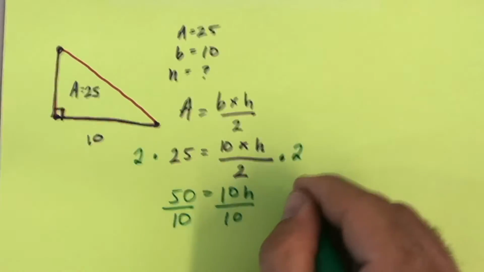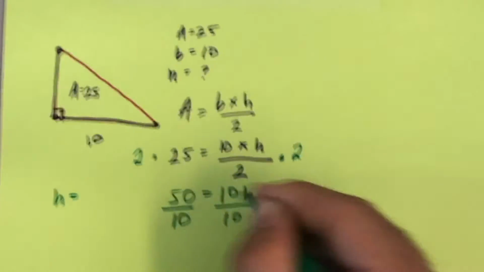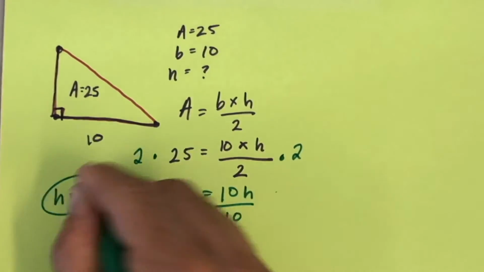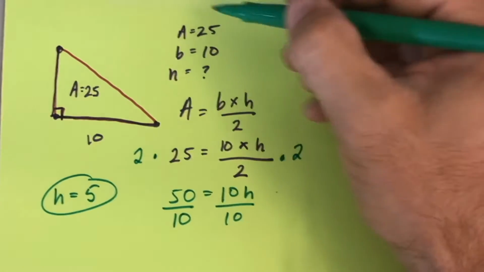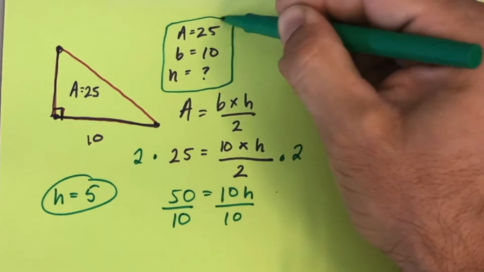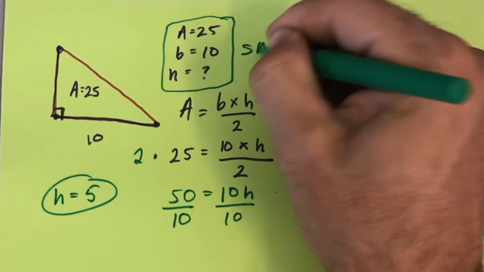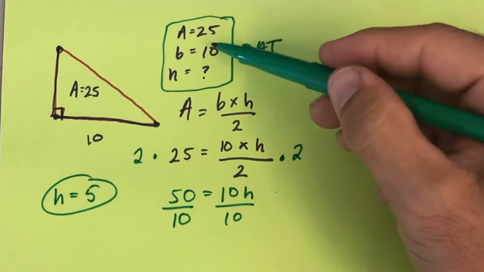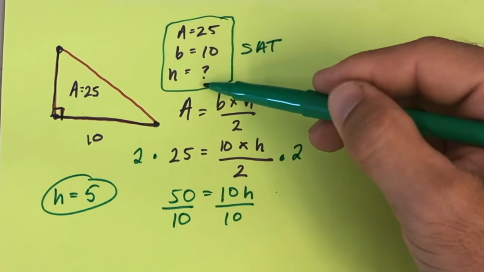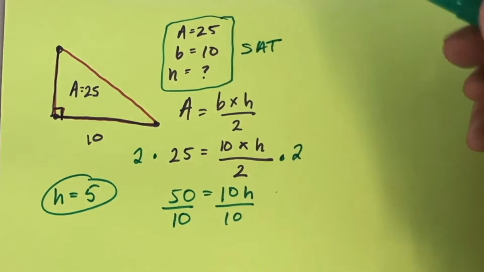And my height here would be 50 divided by 10, 5. So that's a good question. You'll see a lot of this in standardized testing, maybe an SAT type question, where they give you an area and you want to solve for the height.